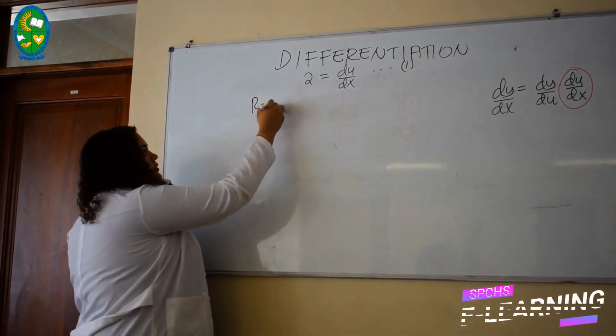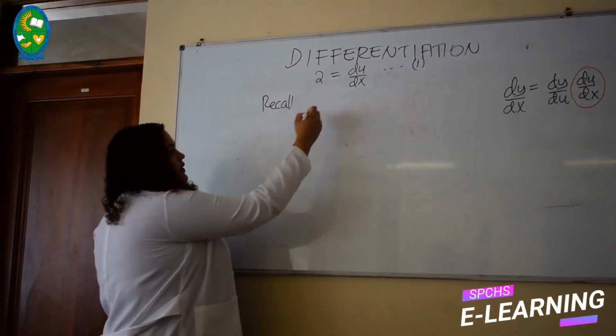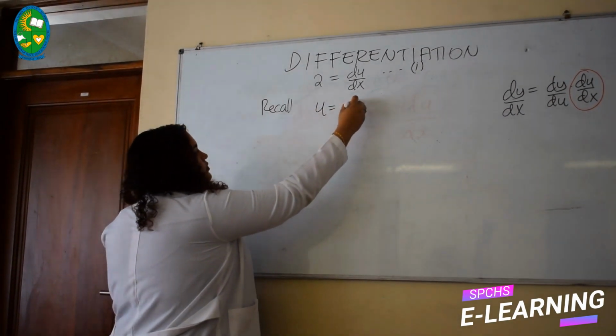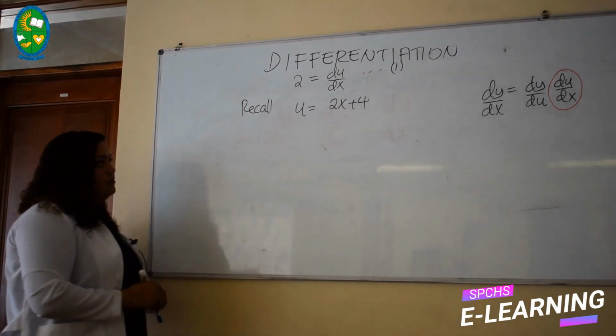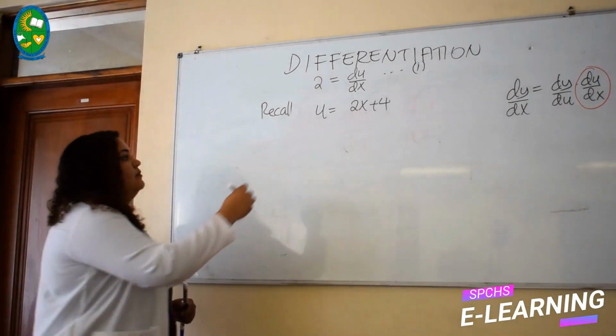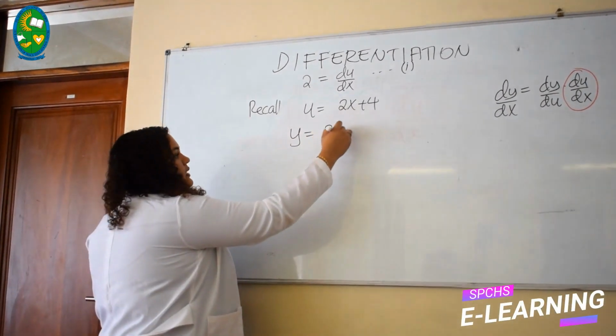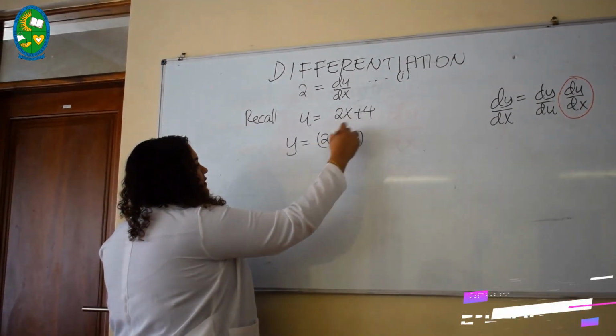When you recall, from that equation we had let u equals to 2x plus 4. And our original equation was y equals to 2x plus 4 power 5.